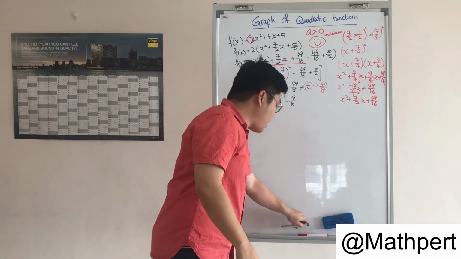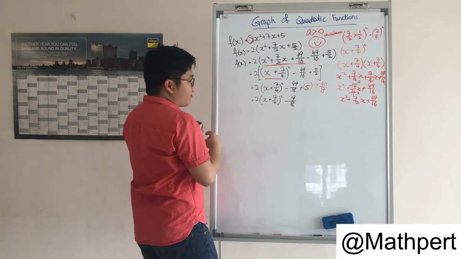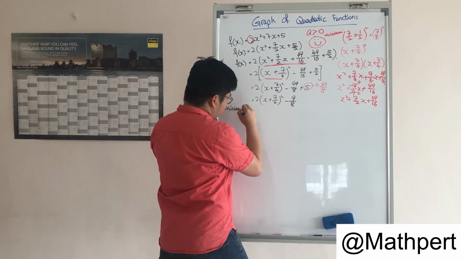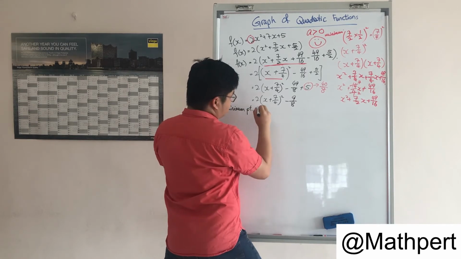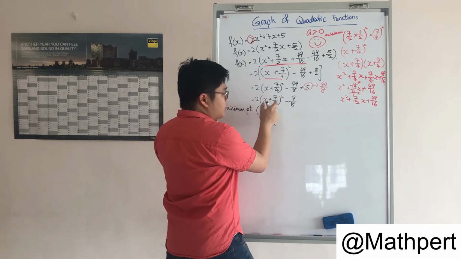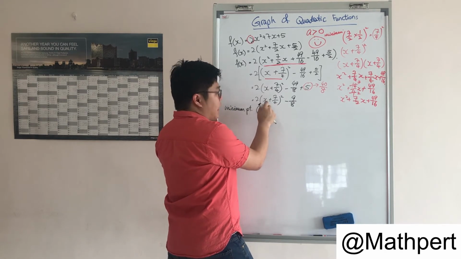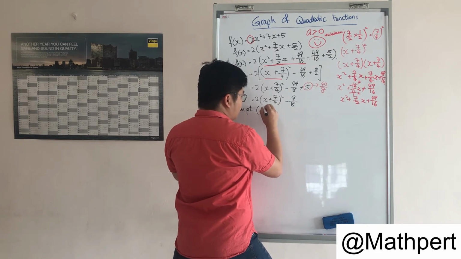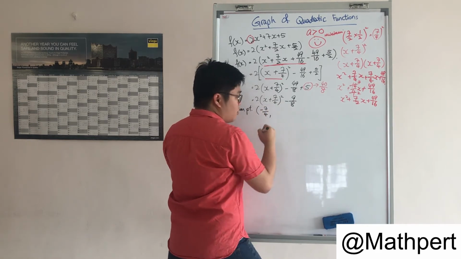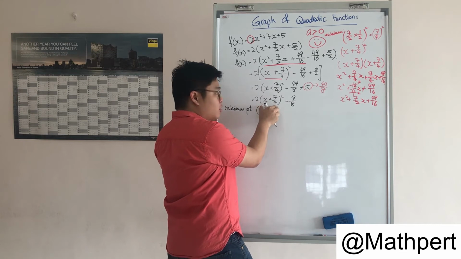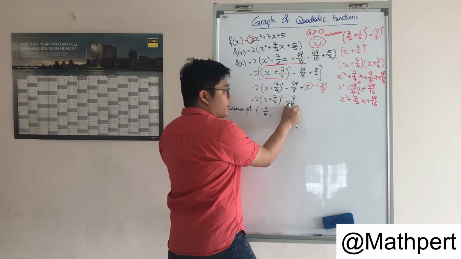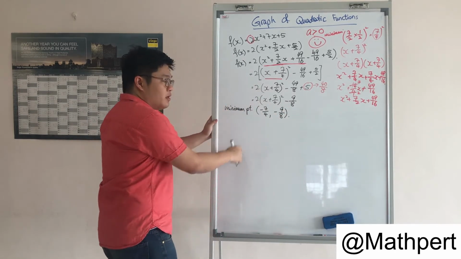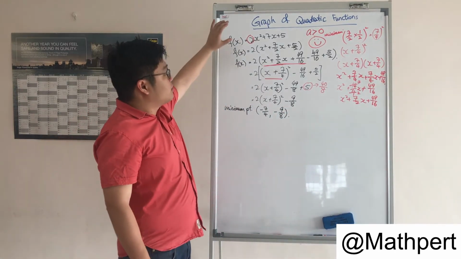You can find it from this completing square format. The minimum point is when this whole thing equals 0. x plus 7 over 4 equals 0, so x equals minus 7 over 4. When this thing equals 0, then y equals minus 9 over 8. So this is the minimum point for this function.